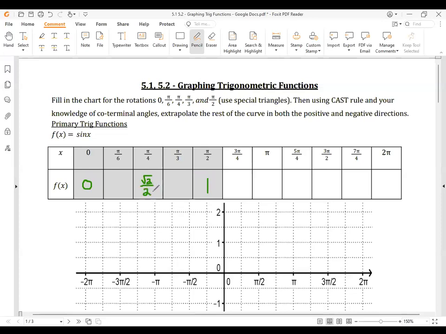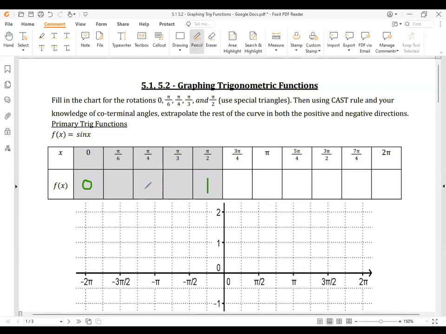But if you're doing that as a fraction, it's a little hard to graph. So take your calculator, if you're watching this at home too. I'm going to take my calculator and just do the division, just because I don't know how to graph root 2 over 2. Root 2 divided by 2 is 0.707.